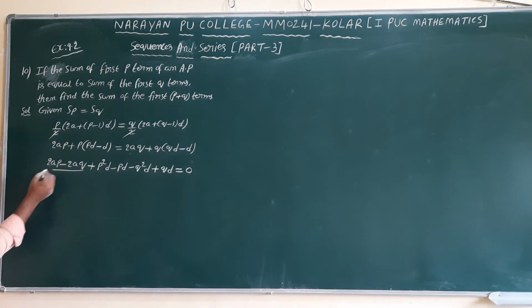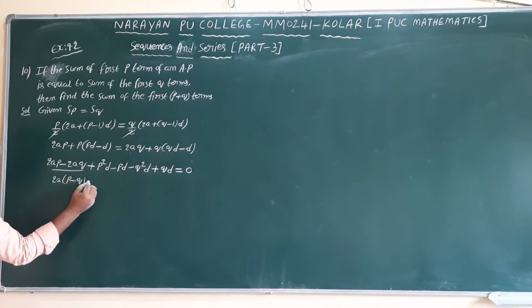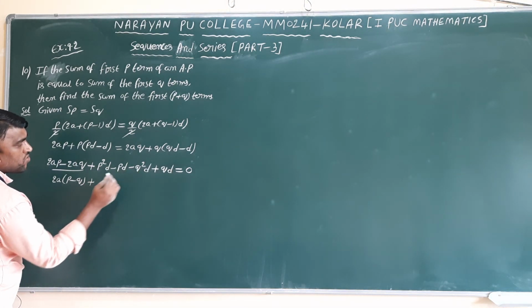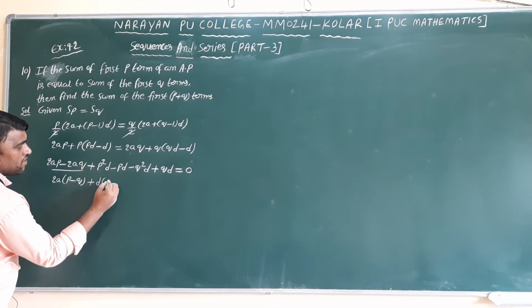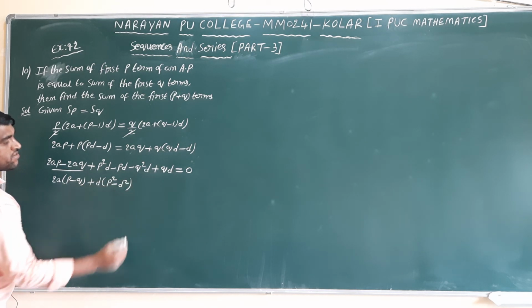Now from these two, we can take 2a common: 2a into p minus q, plus from p square d and q square d we can take d common: p square minus q square.